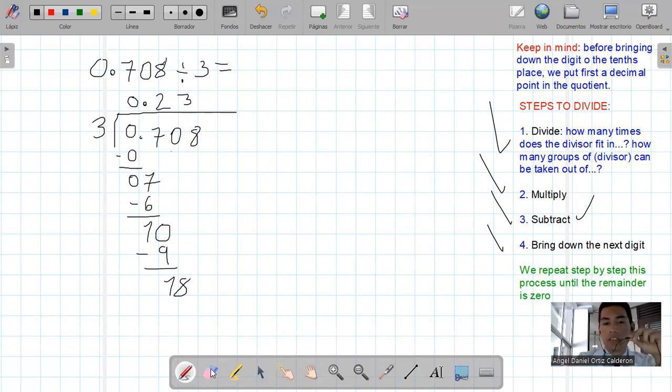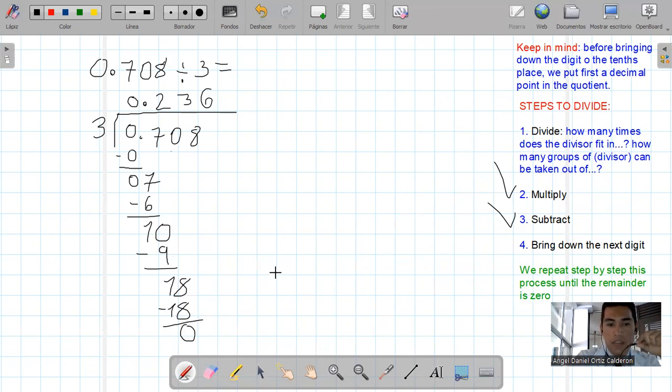The same process. How many times does the 3 fit into 18? 6 times, because 6 times 3 equals 18. Exactly 18. That was the second step. The third step is to subtract. The remainder is 0.